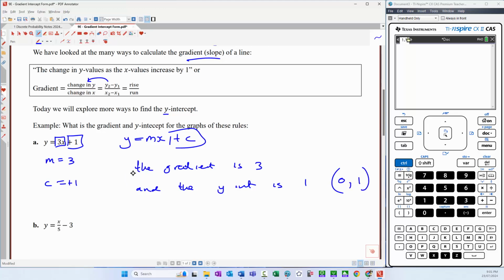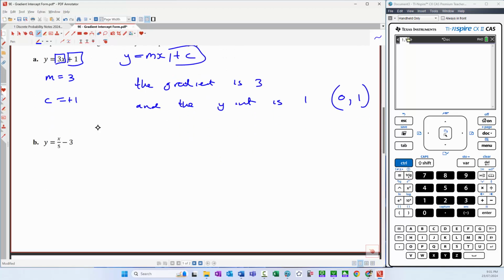Okay, this one is a little trickier. What we're going to do is rewrite this equation as a fifth times x take away 3. Again, let's compare that to y equals m times x plus c. We can see that the value of m is this value here, and the gradient is allowed to be a fraction.